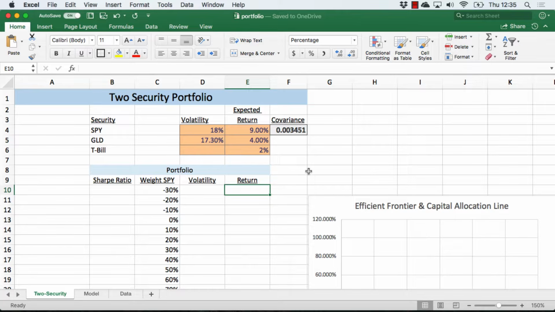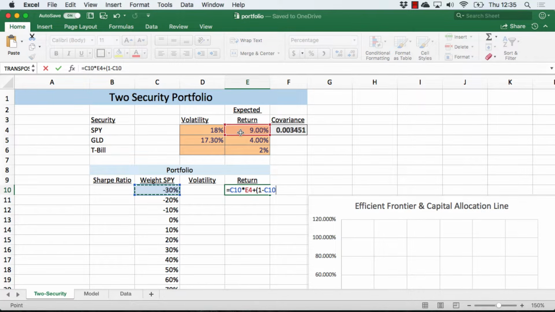Okay, so the return's very easy to calculate. We're going to take the weight of S&P 500 and we're going to multiply it by the expected return. And then we're going to add to that the complement, which is 1 minus the weight of S&P 500 times the return of gold, or the expected return of gold.